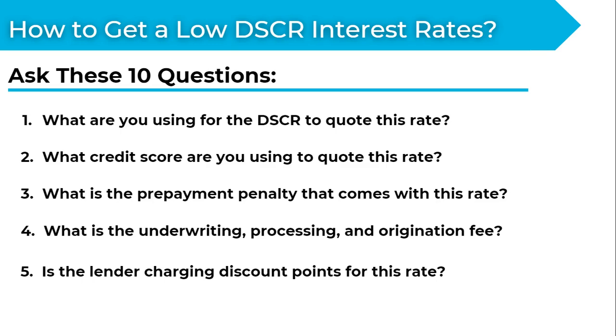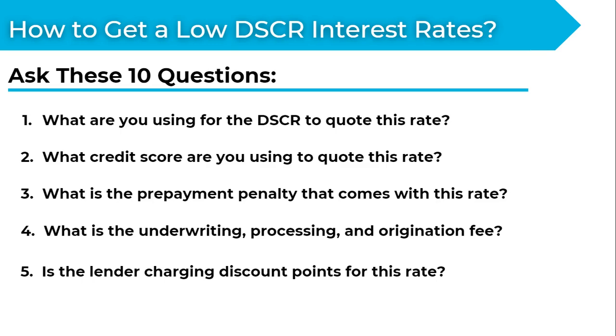And then is the lender charging discount points for the rate? So when lenders quote a rate to you, it may be a par rate, meaning that there's no additional fees for that rate. Now, I'm not talking about underwriting, processing, and origination. This is what's called discount points. Essentially, it's prepaid interest. And so if you have a par rate, there's no extra payment.